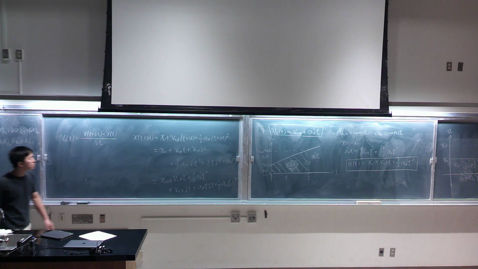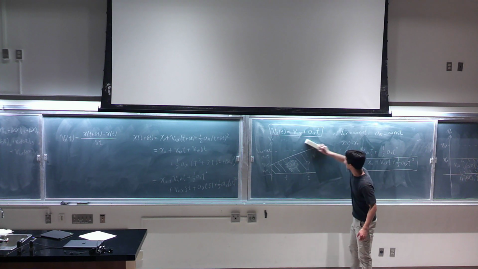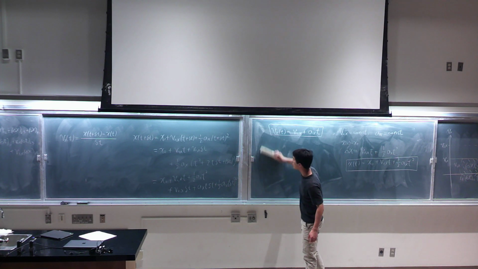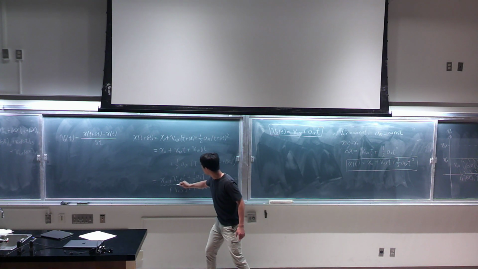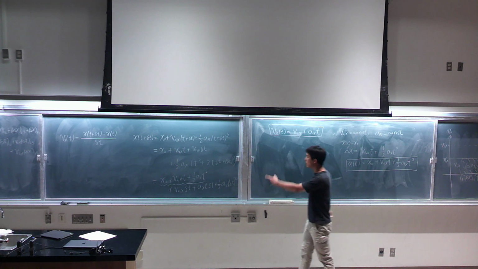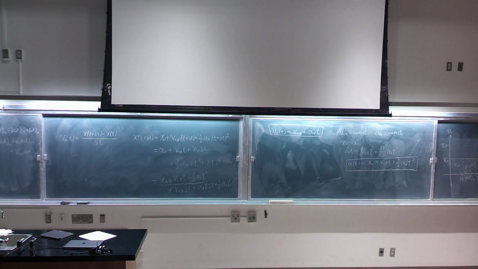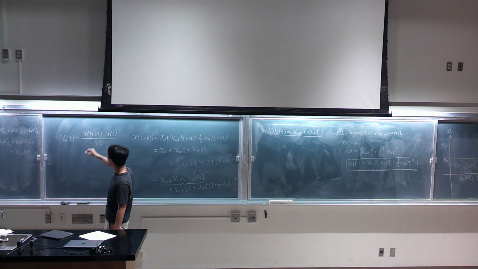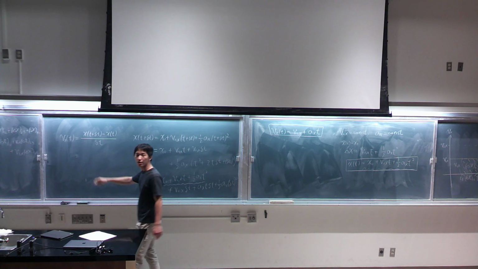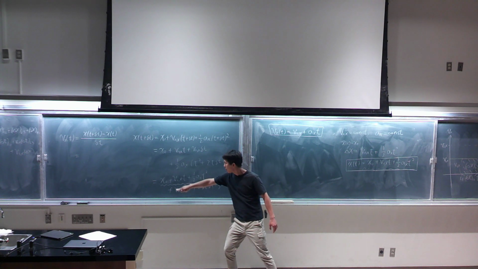Now, if you look at this bar, you'll see that it's just x of t. So if you do x at some later time, subtract where it was originally, you get rid of this term, and this is the rest.